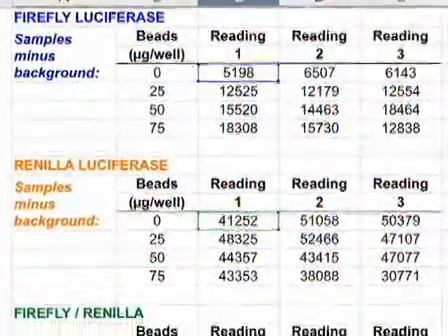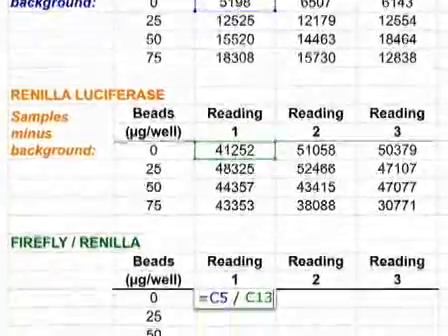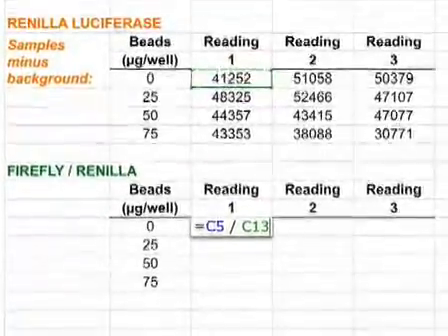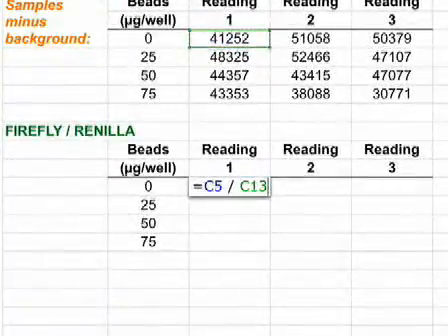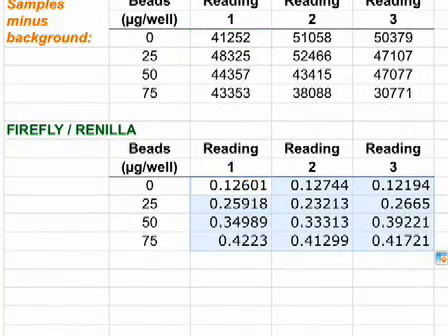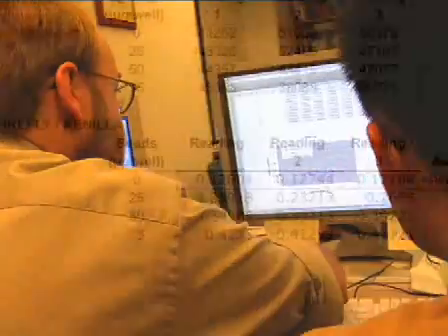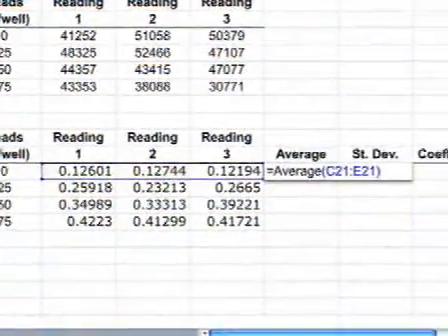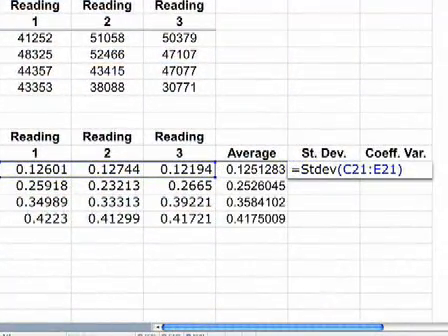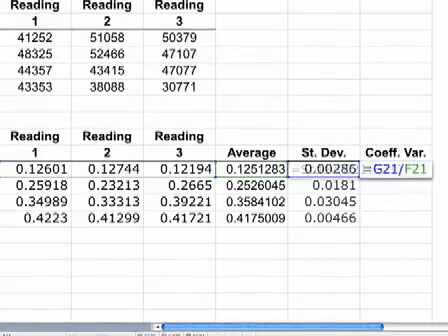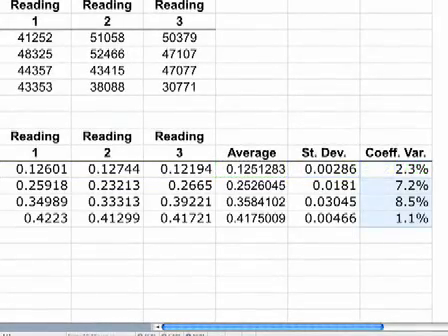Next, divide for each transfected well the value for firefly luciferase by that for Renilla luciferase. Then, for each set of triplicate samples, calculate average, standard deviation, and coefficient of variation.